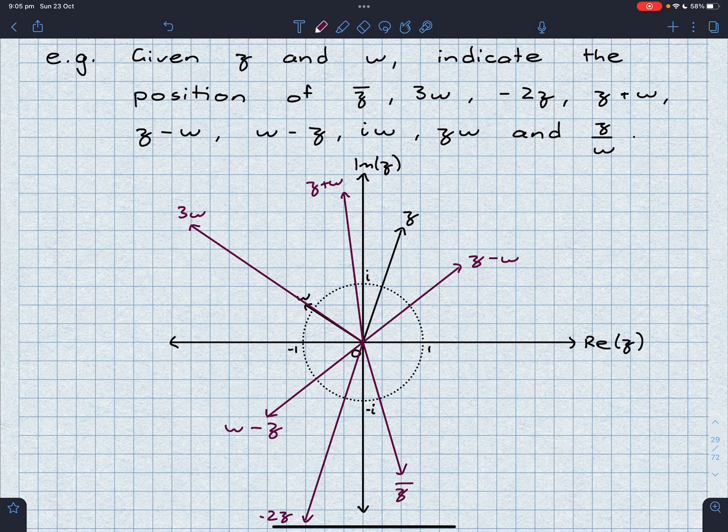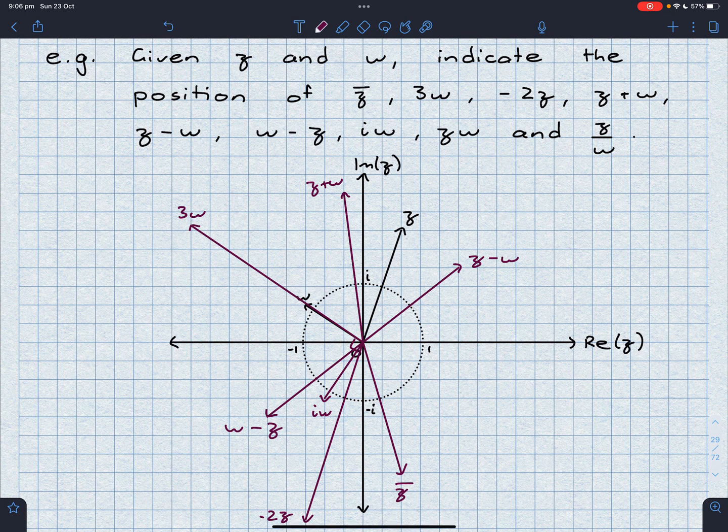Then I've got iw, which would be a rotation of 180 degrees. So same modulus, sorry, not 180, 90 degrees. So there'll be a right angle between w and iw. z times w, I'm going to multiply the moduli.